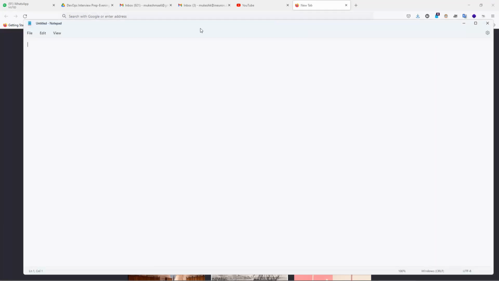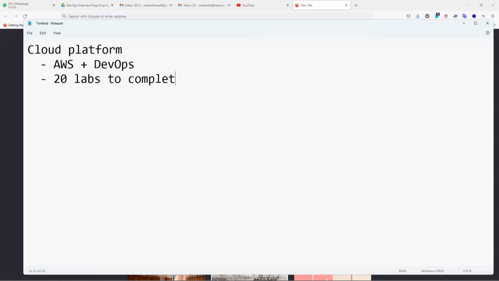Okay. Now today we'll jump into something on the cloud platform. As a continuation, we will take AWS as a priority because integration of AWS and DevOps is a little bit easier. Now here you have 20 labs to complete.